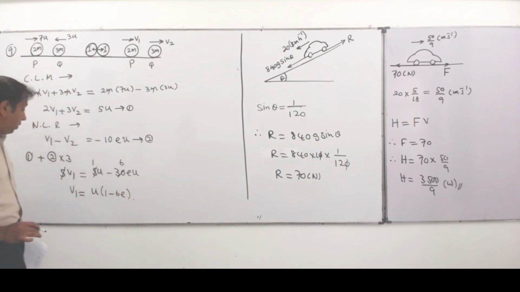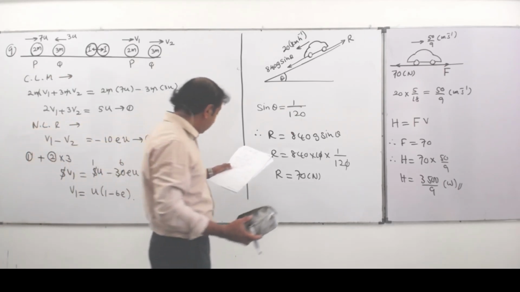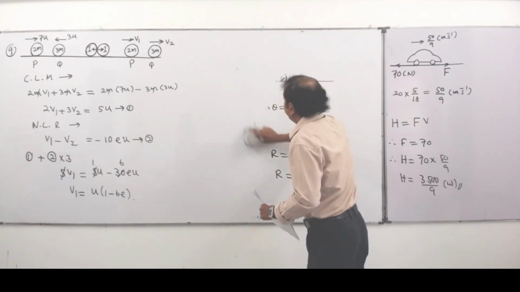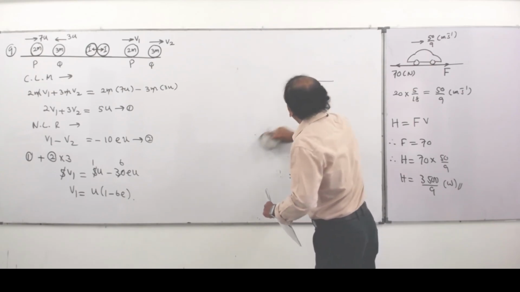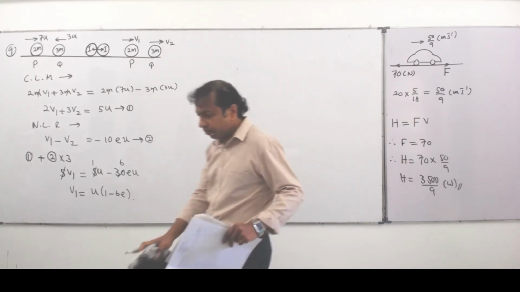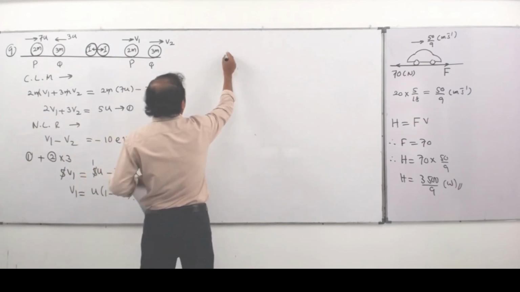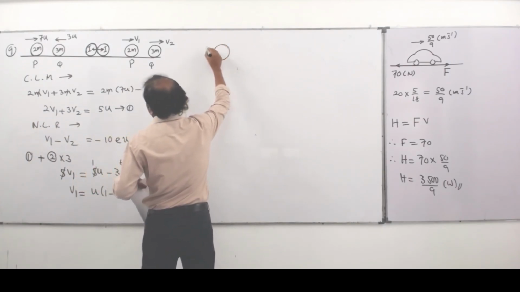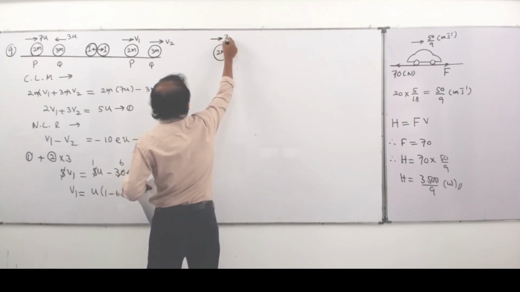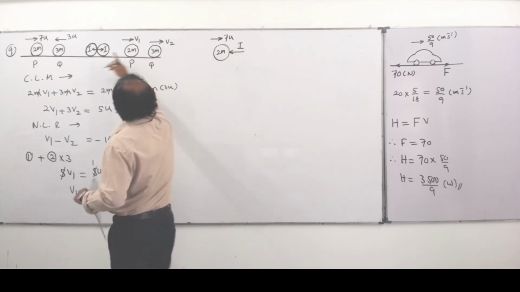Now, we are asked to find the impulse at the impact, the impulsive force I. So we can apply I equals delta mv. I means impulsive force. Considering the sphere P, its mass is 2m. It was moving with velocity 7u just before the impact. At the impact, impulsive force I acts leftward.